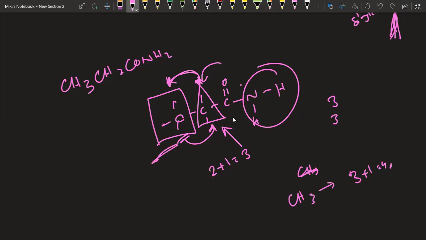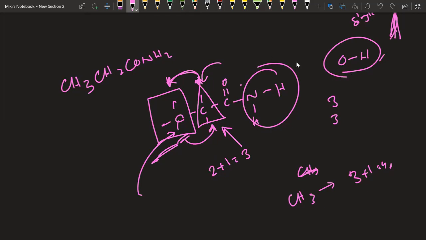Finally, we have NH2. Now, how do we define it for NH2? Remember, we count the chemical environment with respect to carbon. No other atom is used. So the number of hydrogens we count is based on whether they are bonded to carbon. However, if there are other bonds, let's say the nitrogen-hydrogen bond or the OH bond, we are not going to consider them in the number of bonds there.